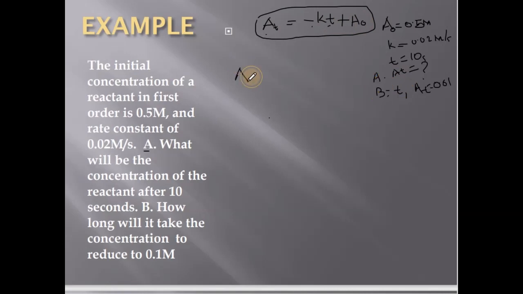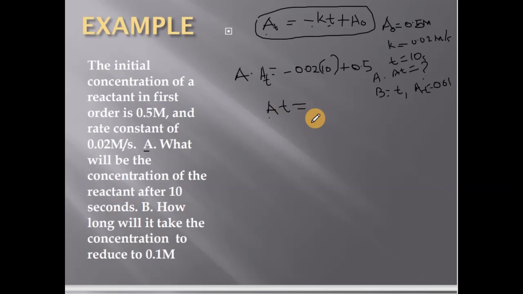For the A, you can say the A_t, which is the one we are looking for, is equal to minus kt, so minus 0.02 times 10, then plus A naught, which is given as 0.5.